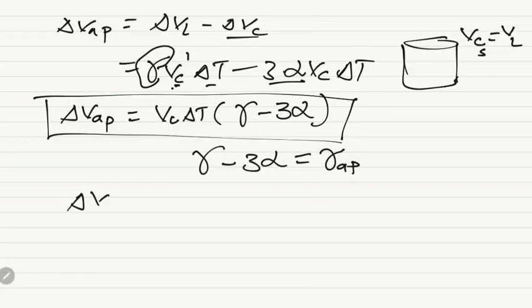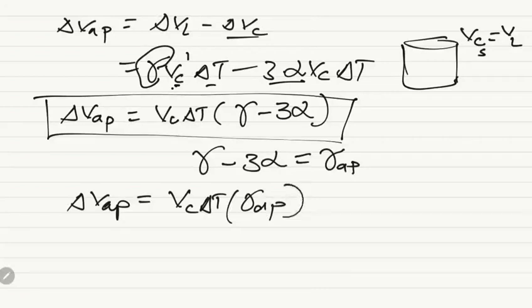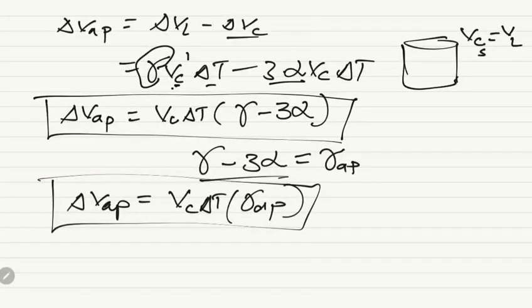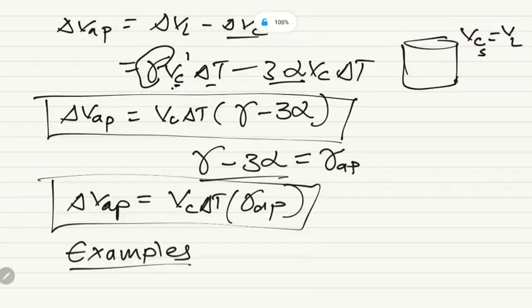So the change in volume apparent, or overflow, is equal to V cold times the change in temperature times gamma apparent, because the difference of these two is called the apparent volume expansion coefficient.